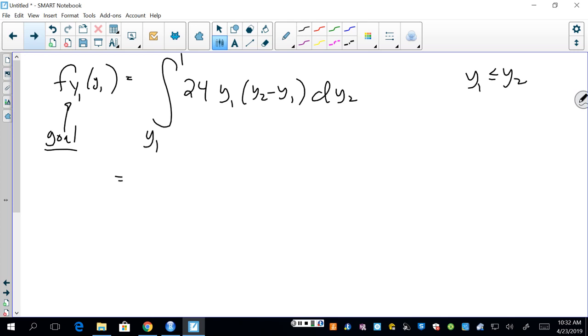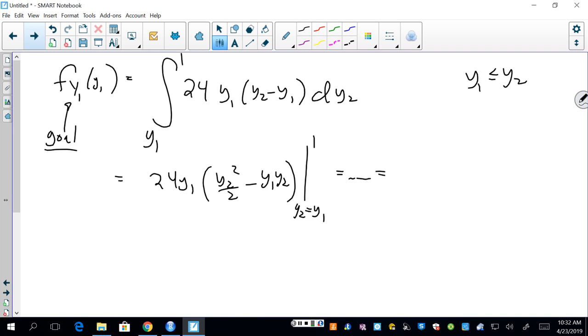So if you integrate this out, there's 24 y1, and this is y2 minus y1, so you get y2 squared over 2 minus y1 times y2. You evaluate that between the lower point it can be and the top. If you plug in and do a little manipulation, I'm not showing you all the algebra, it can be written as 12 y1 times 1 minus y1.